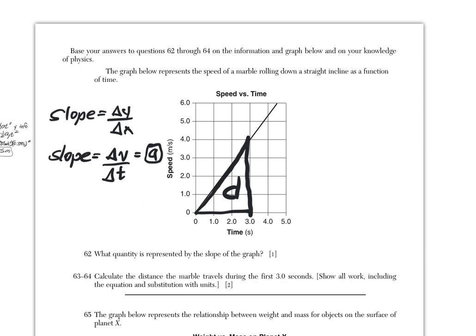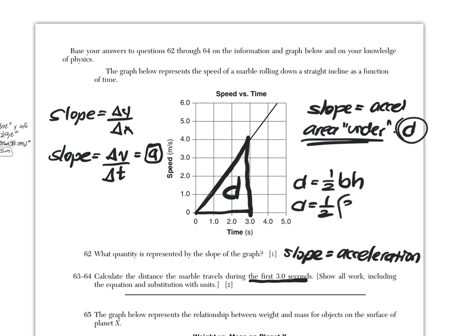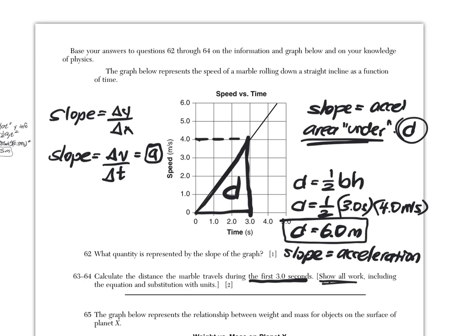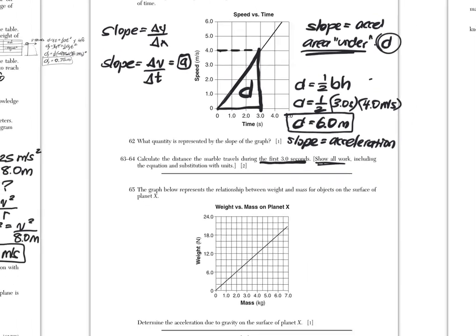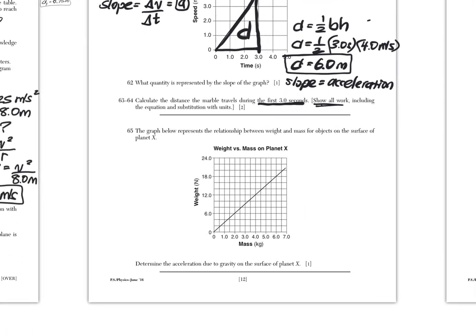But using this area equation, base is 3 seconds, height is 4 meters per second. See that, 4 meters per second. And so half of that is 6 meters. Now this says show all work, so you're gonna have to give some kind of equation and unit substitution for this problem. All right, and then the last thing in B2, because then we start C.